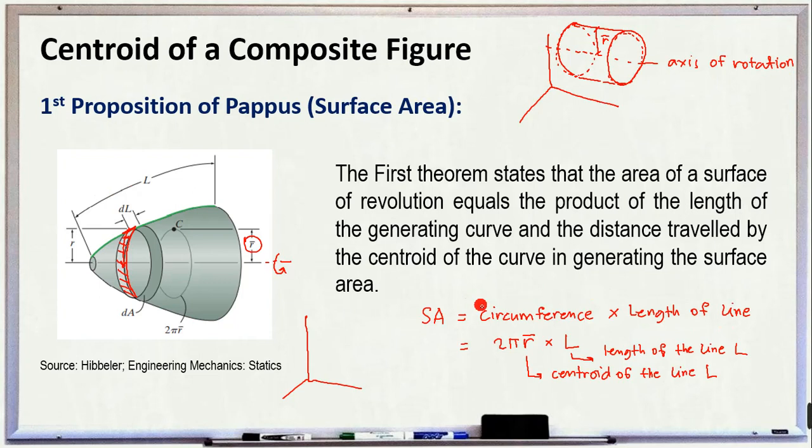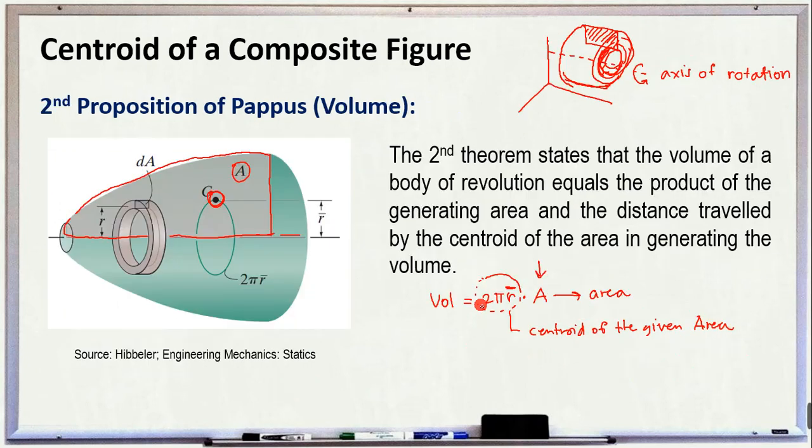So we're going to use this equation, surface area equals the circumference, 2 pi r, wherein this r is not the radius of any circle, but the centroid of the line, and times the length. The second proposition talks about volume, that is circumference times the area. And for the circumference, the same thing, 2 pi r, wherein r is again not the radius of a given circle, but the centroid of the given area.